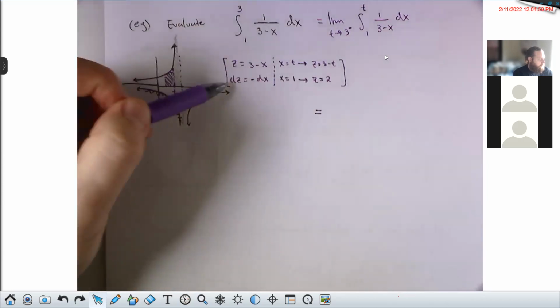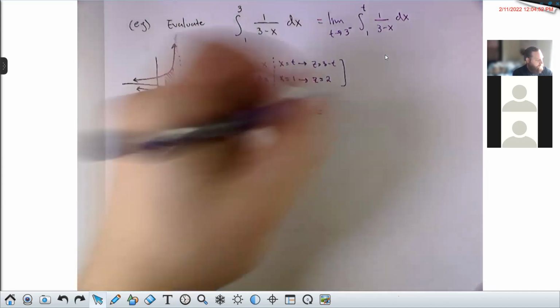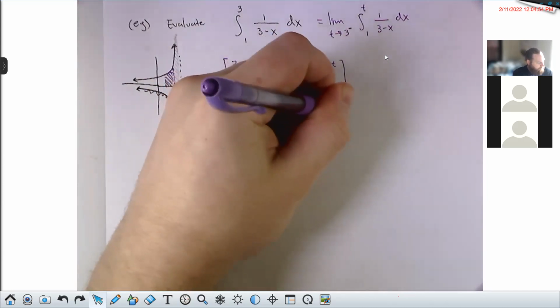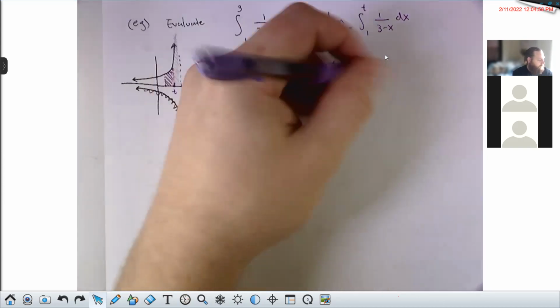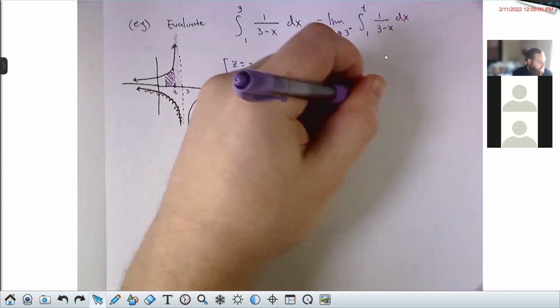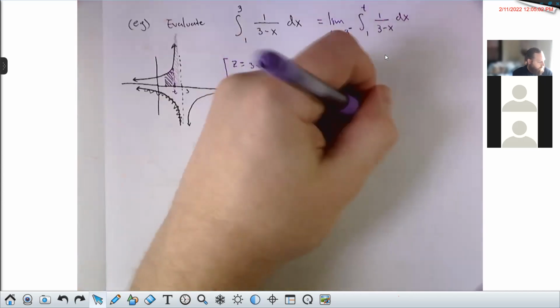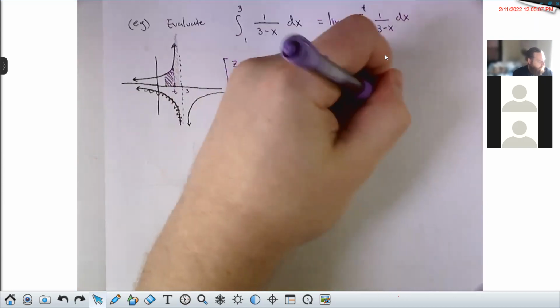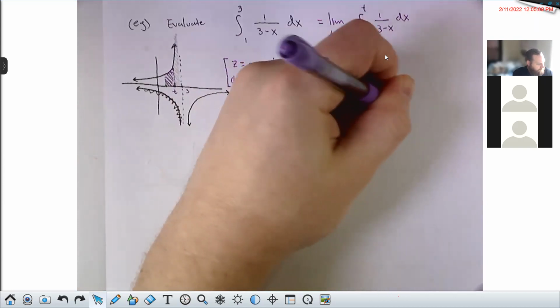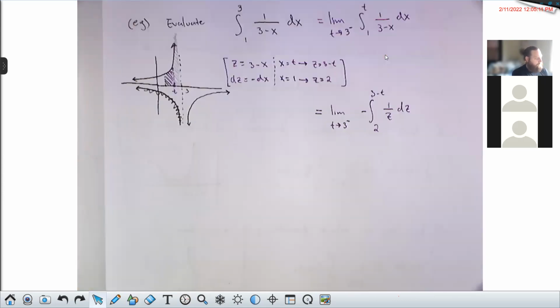The other thing here, because dz is negative dx, we're going to get a negative out of this. So this is going to be the limit as t goes to 3 from the left, negative integral from 2 to 3 minus t of 1 over z dz.